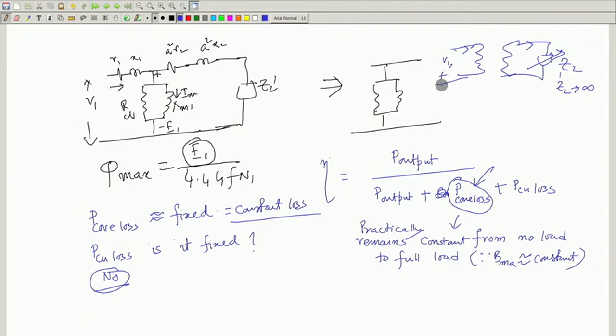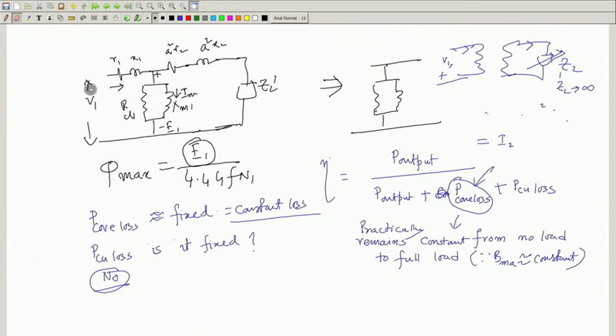Then the copper loss, in terms of the primary side, will be I1 squared R E1, which is the same as I2 squared into R E2, which is the same as I2 dash squared, I should write it like this. What is the total copper loss?